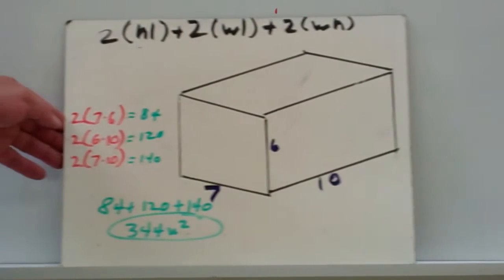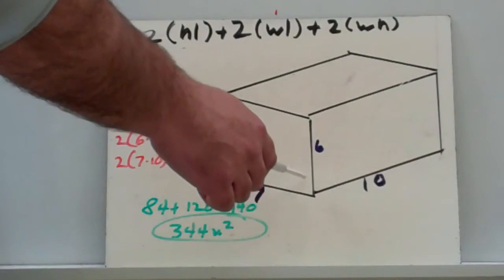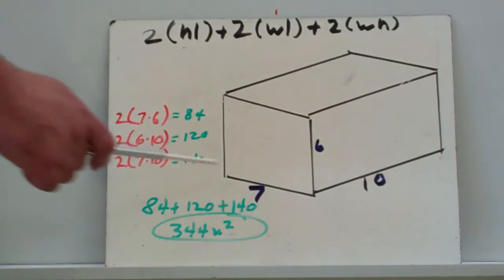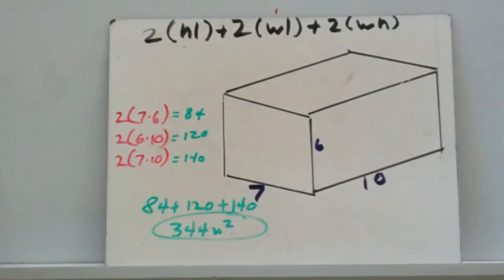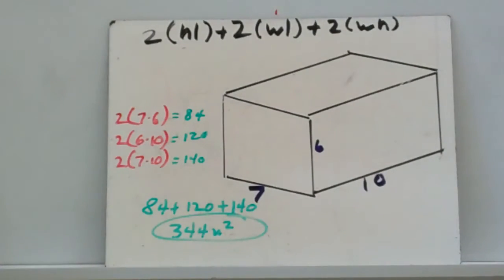Another way to do this, say you're given a figure that looks like this. We're given just the actual rectangular prism. So we have a width of 7, a height of 6, and a length of 10. We can do the width times the height times 2, 7 times 6 times 2, which would give us 84.